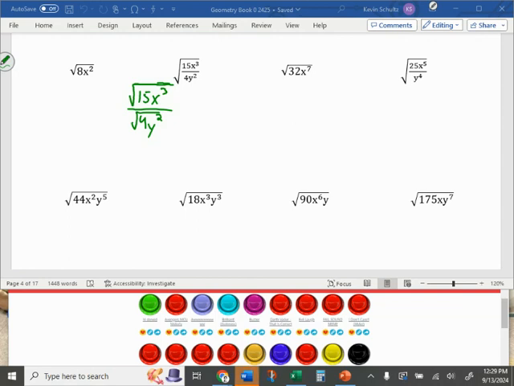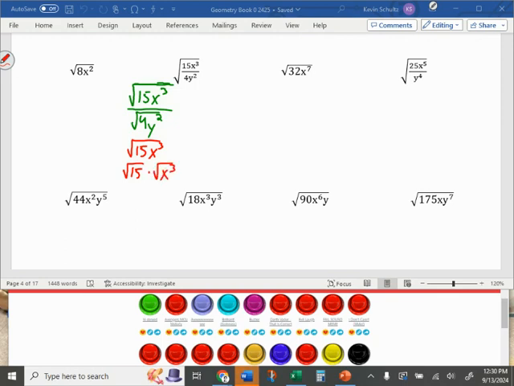We're going to start with our root 15x cubed. We're going to split this apart into the number and the variable separate. So this is root 15 times the root of x cubed.